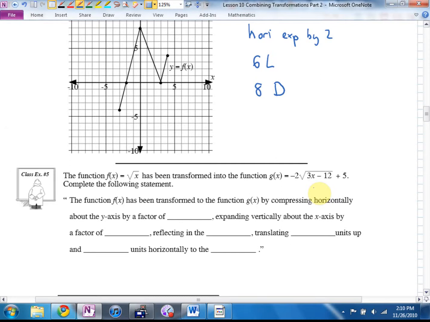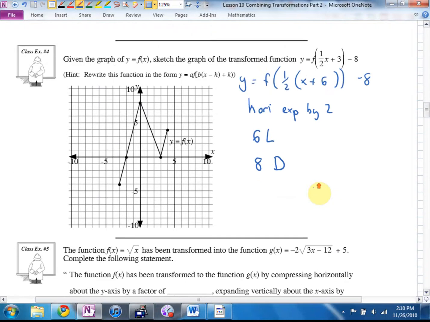Anyways, now that we've made our list, let's connect the dots. So we'll start here. Horizontal expansion by 2. So instead of -3, what will it end up at? -6, and I'll hover my pencil. 6 left. 1, 2, 3, 4, 5, 6.